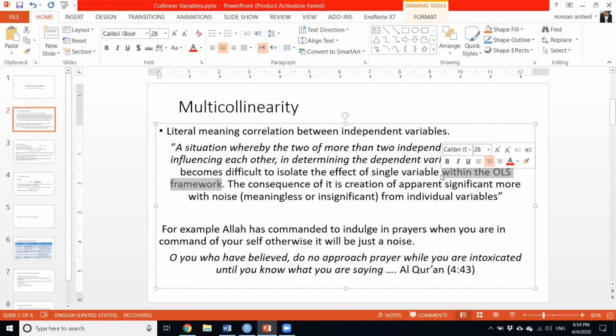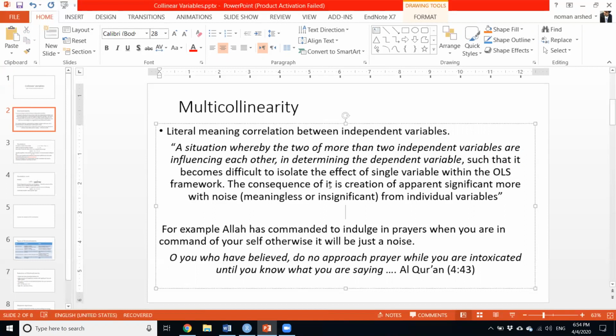So within this regression model, if the first independent variable is affecting the dependent variable and the second independent variable is affecting the dependent variable, and they are affecting each other too, then to isolate the effect of x1 on y and x2 on y will be very difficult.